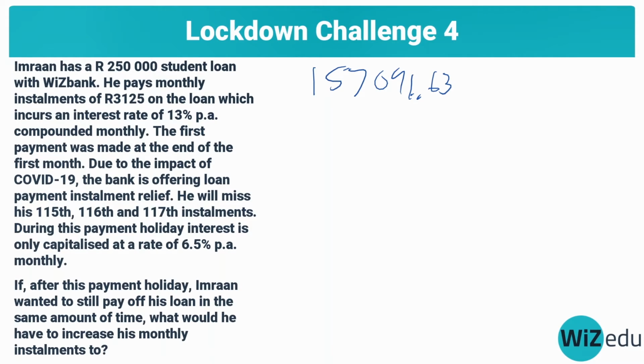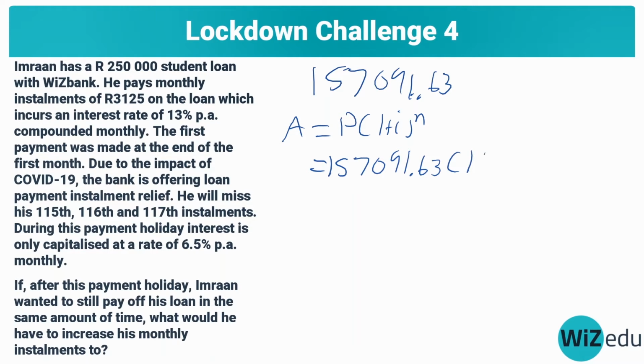So our next step is going to be to calculate the interest or the value of the loan after the 117th installment, or when the 117th installment was supposed to be paid. So we can use our formula A equals P into 1 plus I to the power n to calculate this. And that's going to be 157,091.63 into 1 plus.